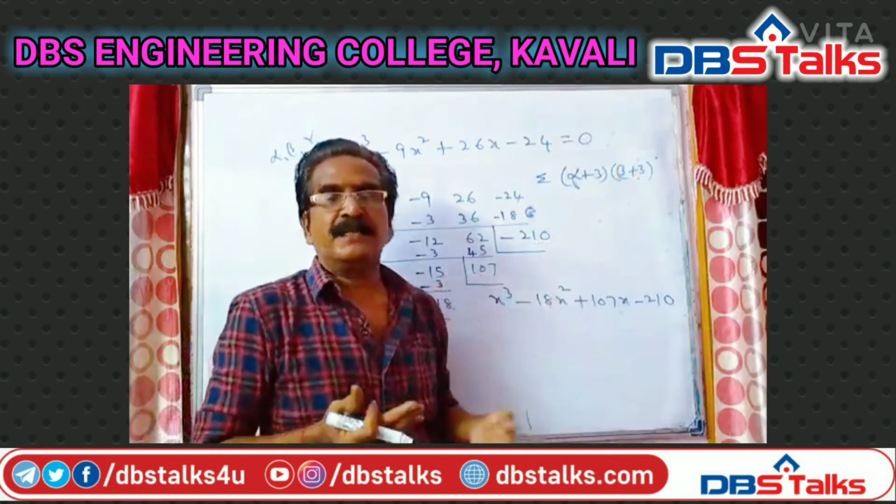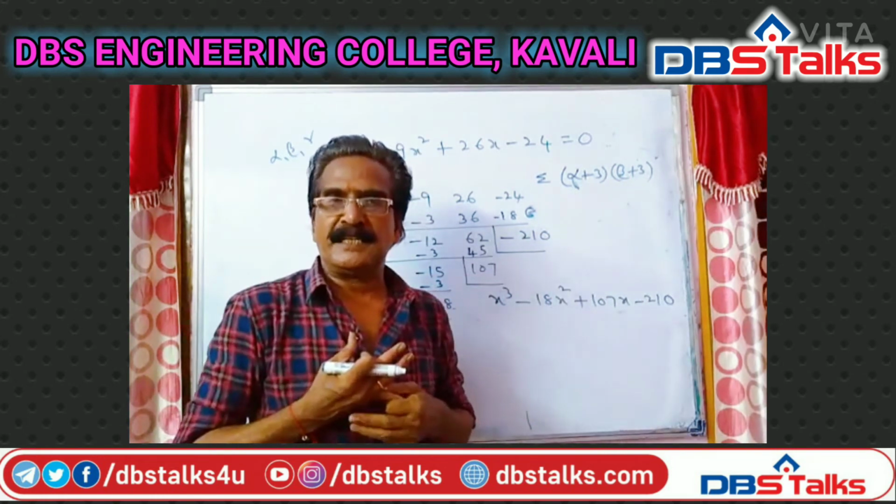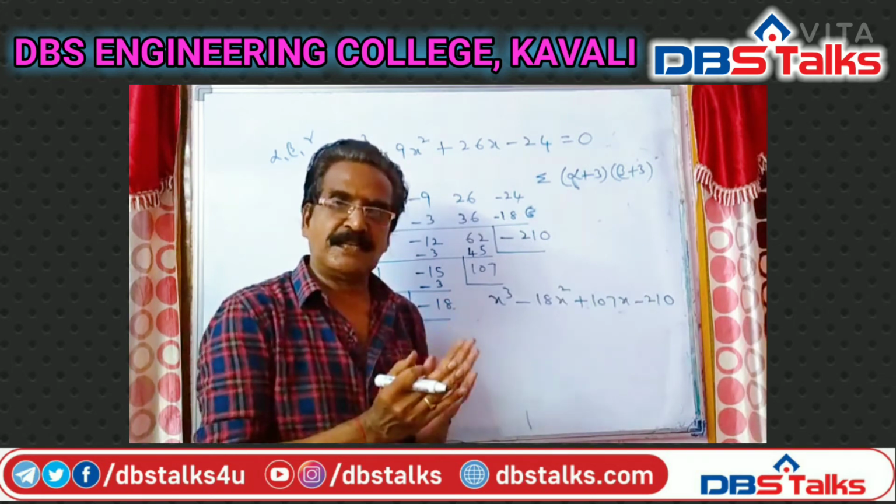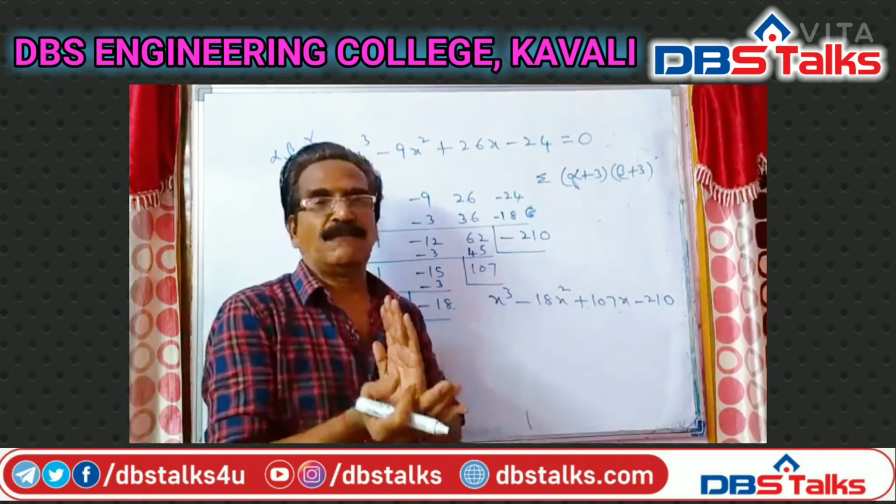Here what is the question? Sigma alpha plus 3 into beta plus 3, that is alpha plus 3 into beta plus 3 plus beta plus 3 into gamma plus 3 plus gamma plus 3 into alpha plus 3.